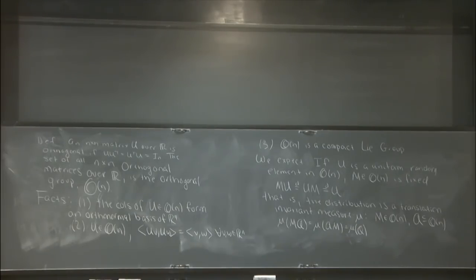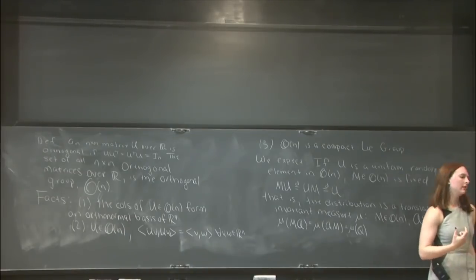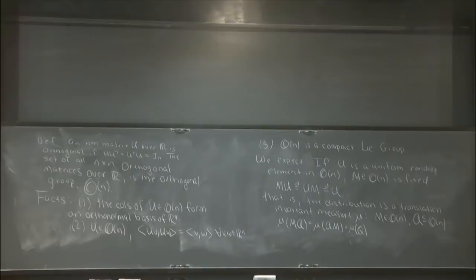So the norm of U1 is 1. Then, to choose the second column, choose U2 uniformly according to surface area measure on the U1 perp intersect the unit sphere.